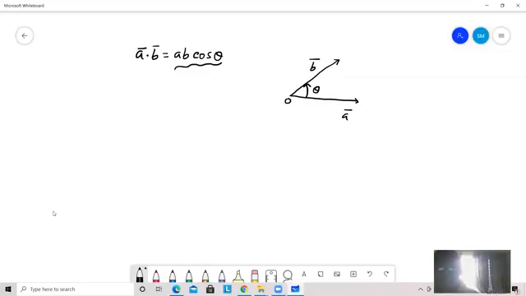When A and B are along the same direction, then the dot product A dot B will be maximum, because in this case cos 0 is 1. And if theta is 90 degrees, then it will be 0. In that case we get the minimum, right?